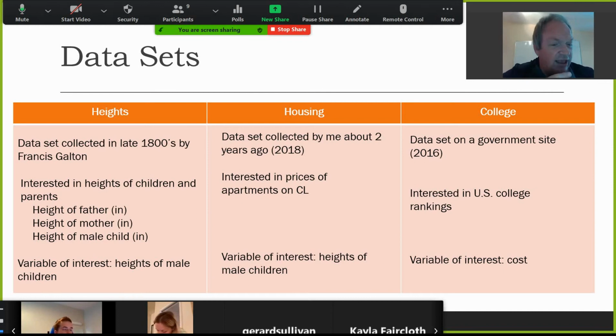He was interested in trying to understand human factors in a quantitative way. And what he really wanted to do is see if there was a relationship between the height of the father and the height of the male child, among other things. We're going to look just at the height of the male child in this data set.